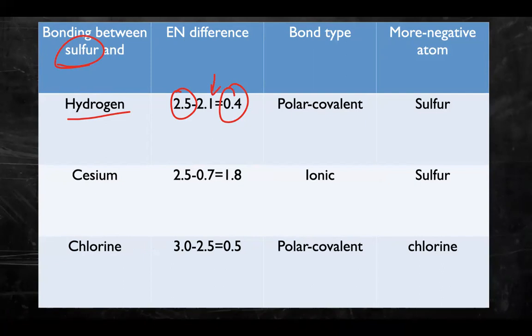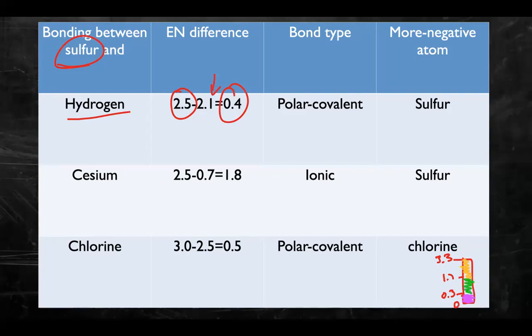That puts it, let's see if I could put that chart up again. We have 0 to 0.3, 1.7, 3.3. Okay, those are our values. So this is non-polar covalent, and then we have polar covalent, ionic.